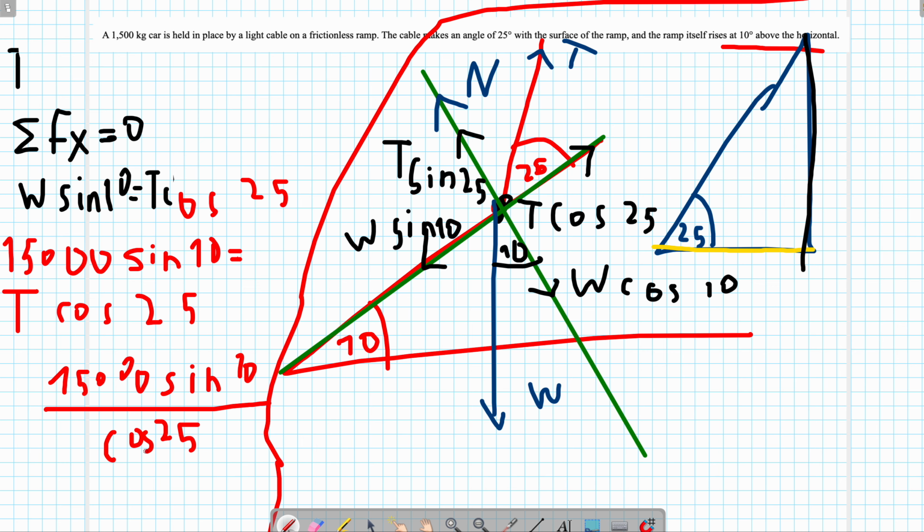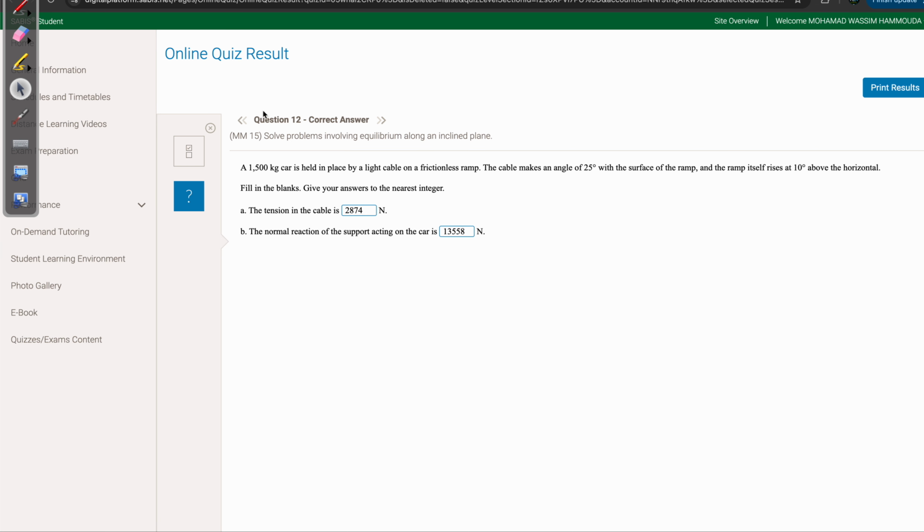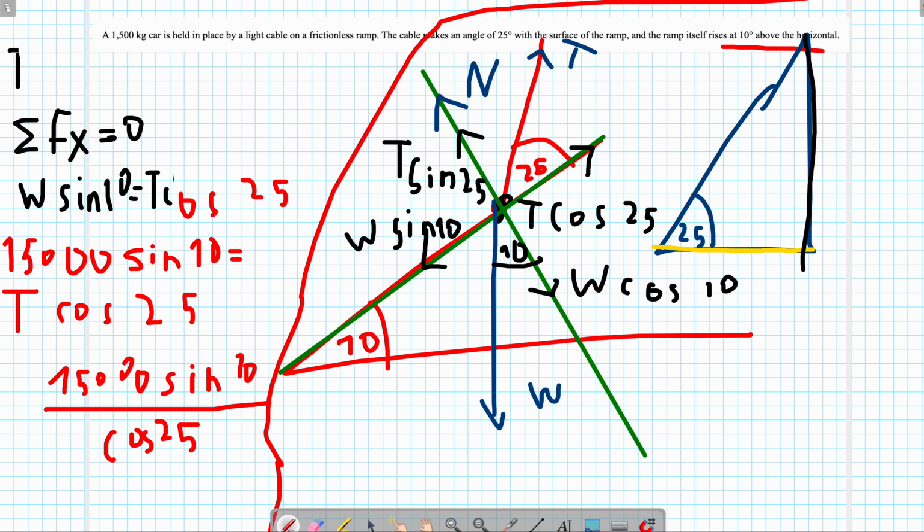Let's plug this into the calculator. 15,000 sine 10 over cosine 25, which will give us 2874, right? Correct.